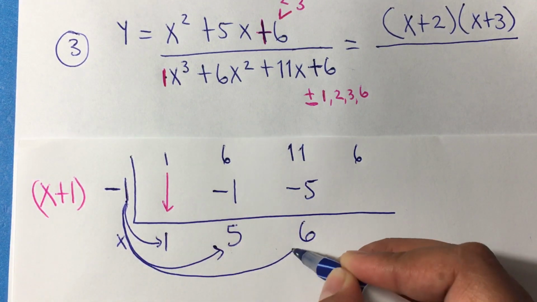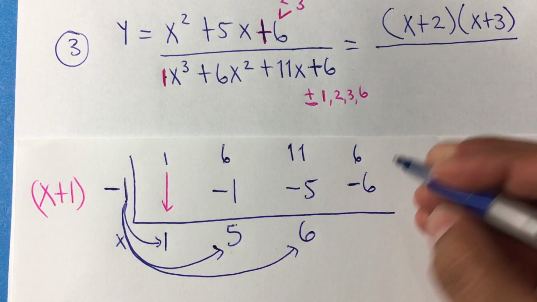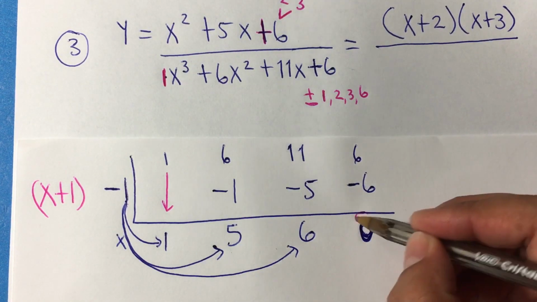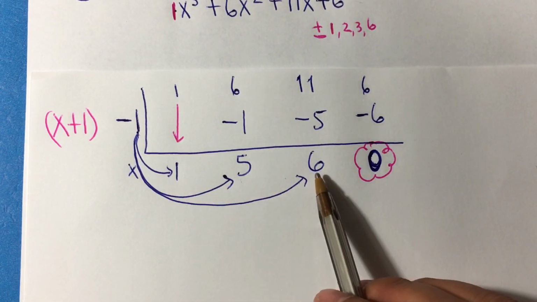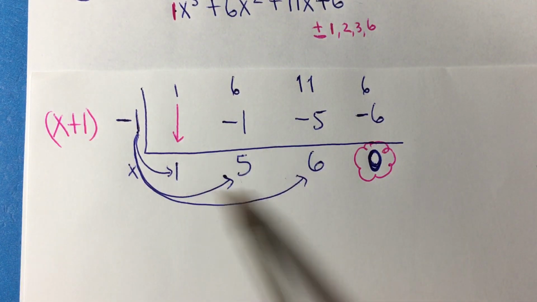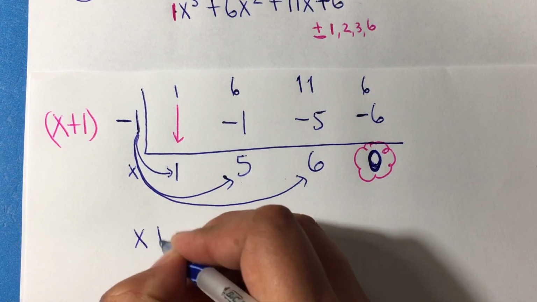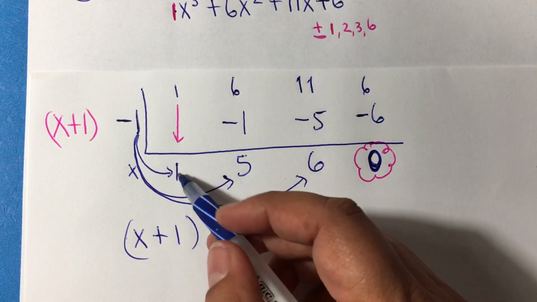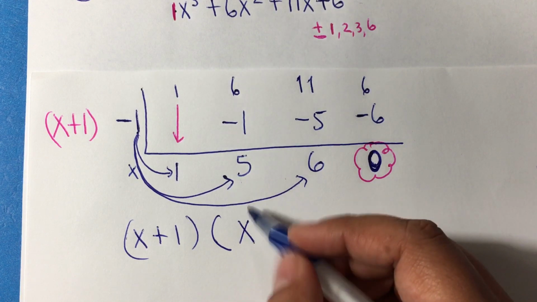Then I do the same thing. Negative 1 times 6 is negative 6. I combine, and I get 0. Whenever I get 0, that means that the remainder is 0. And therefore, this will be a factor, and this will be the other factor. So x plus 1 times, we put that as a coefficient, but we don't need to put coefficient 1.